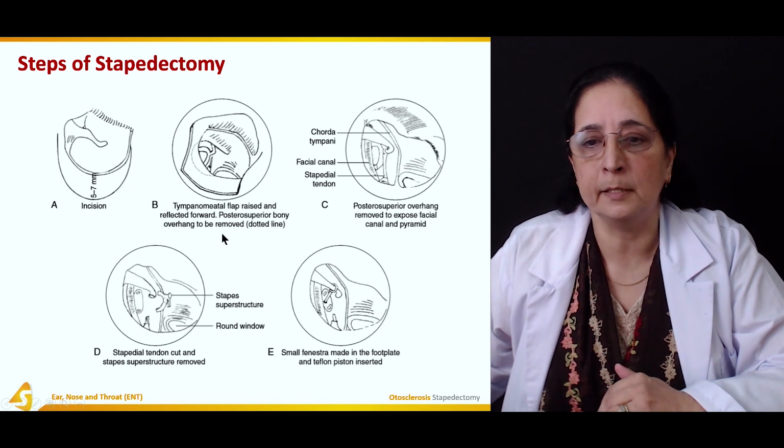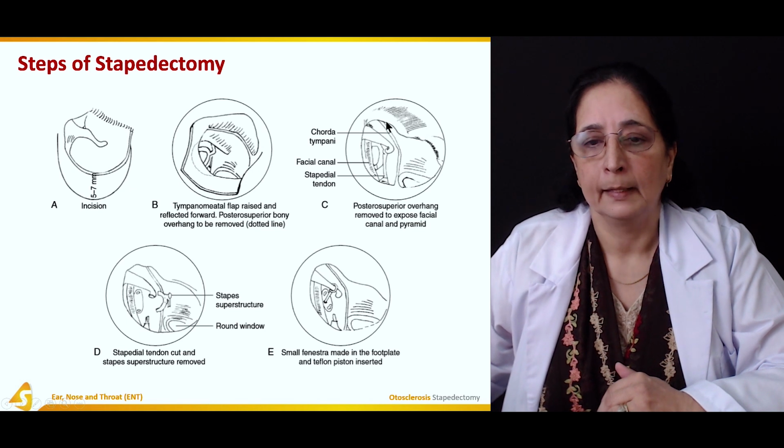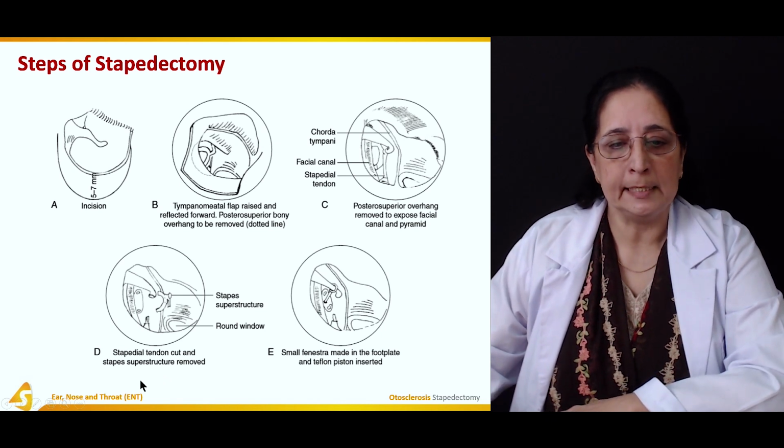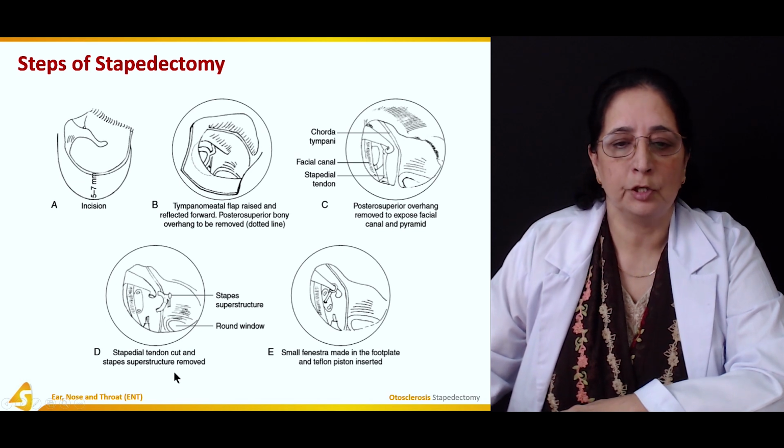After the flap is raised, now you can see the chorda tympani, we can see the facial canal, and then the stapedial tendon. This is the stapedial tendon, and then we have the other bones attached to this here. Then in the next step, the stapedial tendon is cut and the stapes superstructure removed.